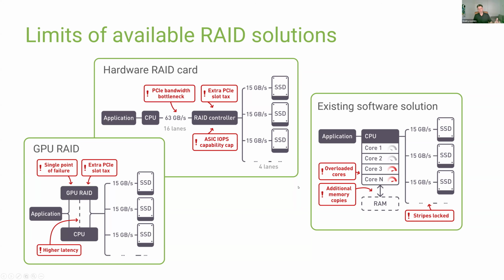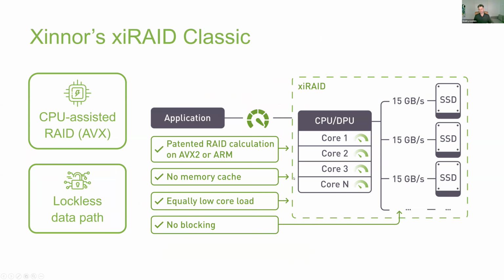We solve the data protection problem for NVMe with our technology, which is based on 2 cornerstones. First, what we do differently than all the other guys is our patented way of doing the RAID calculation itself.